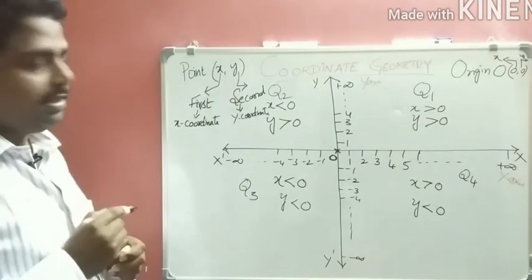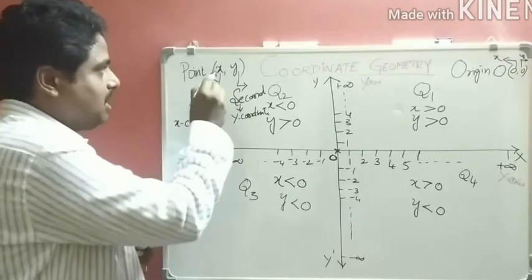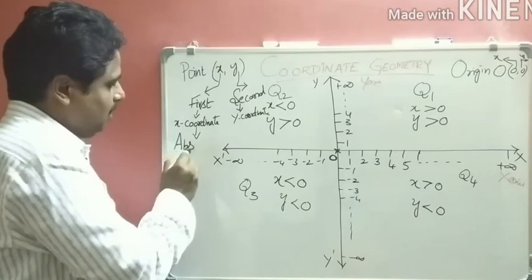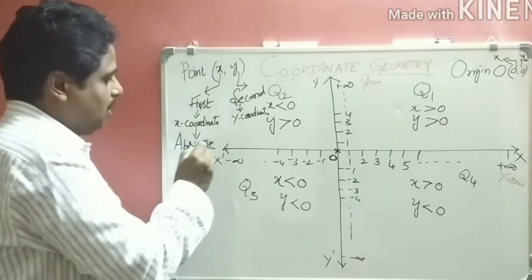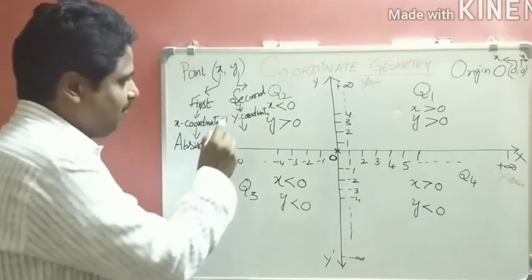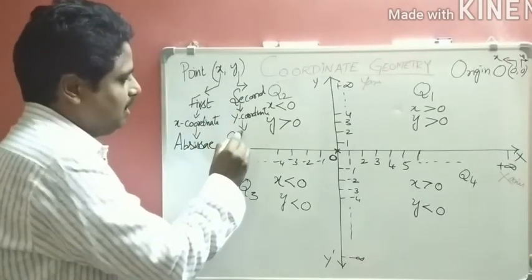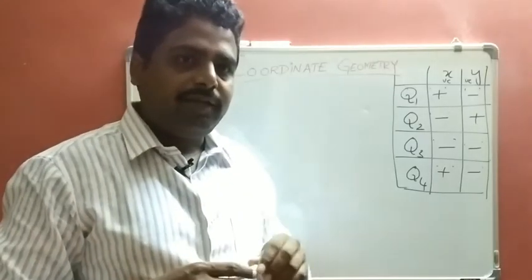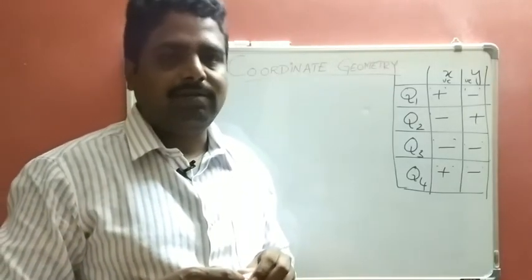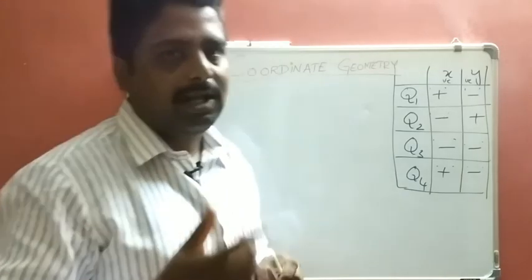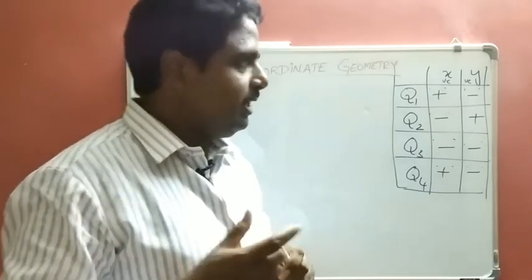The x coordinate is also called the abscissa, and the y coordinate is also called the ordinate. The point of intersection of the horizontal and vertical lines, the x-axis and y-axis, is the origin. So at the origin, x is equal to 0 and y is equal to 0.